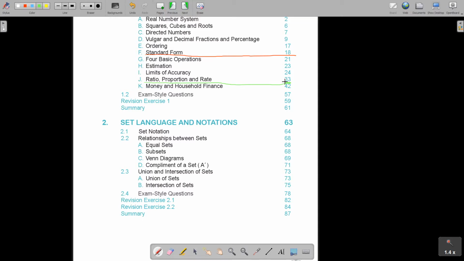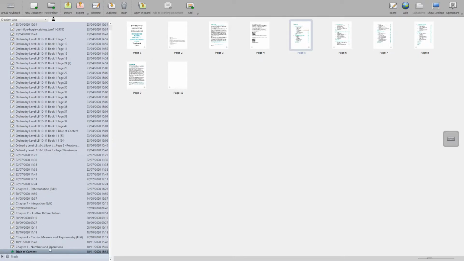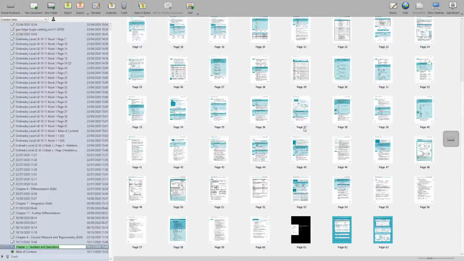I will start paging there, because it's first ratio and then proportion. So let's go back to chapter 1. Let's just see.